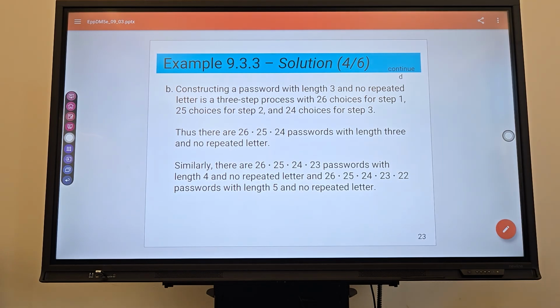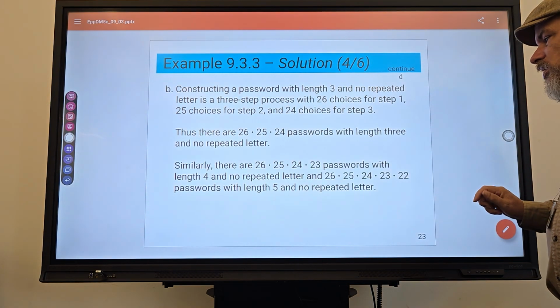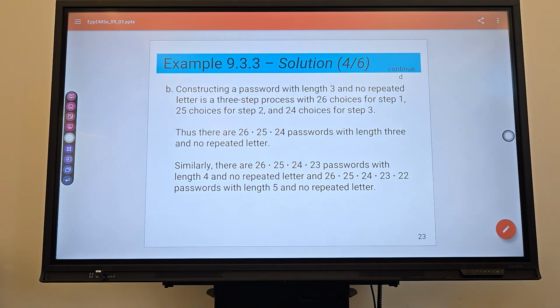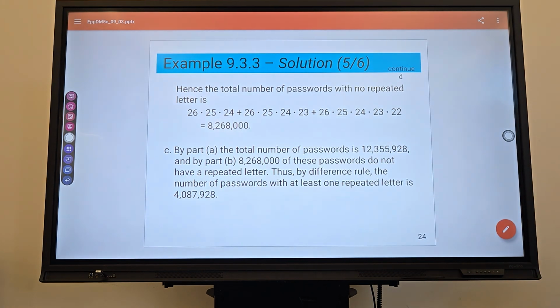Similarly, there are 26 times 25 times 24 times 23 passwords with length 4, and similarly with length 5. So the total number of passwords with no repeated letters is those 3 quantities added together, or 8.2 million passwords.